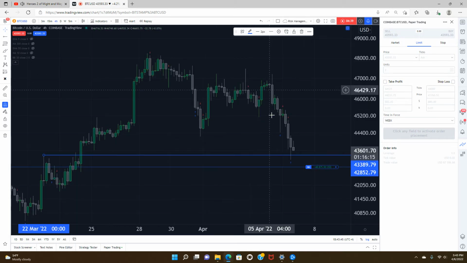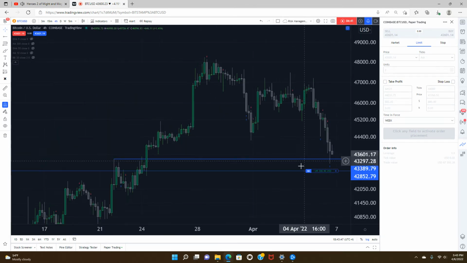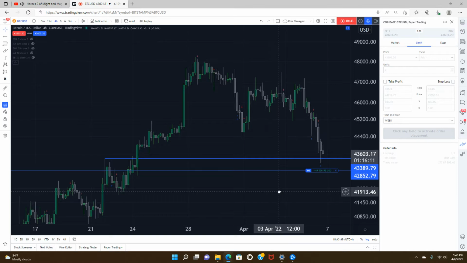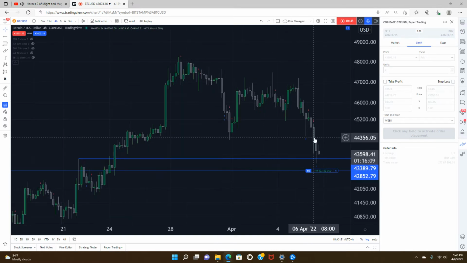Again, I don't necessarily try to catch that low, and it probably doesn't look like it's playing out very well at this point. But again, this is a price distinction that I do want to trade, and it's a good area to add to a long position.